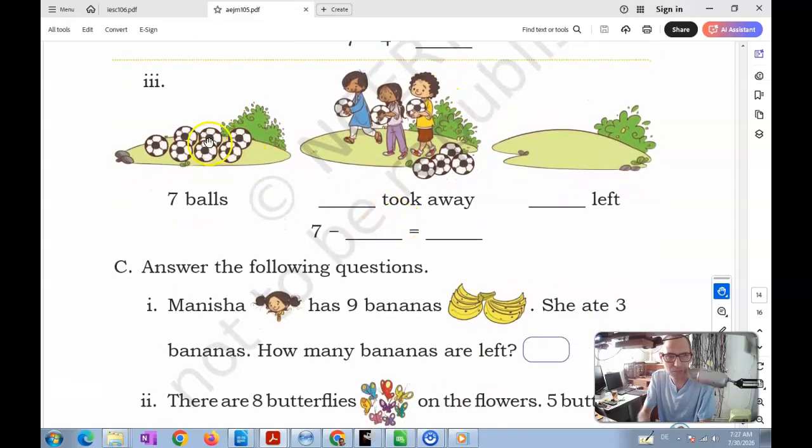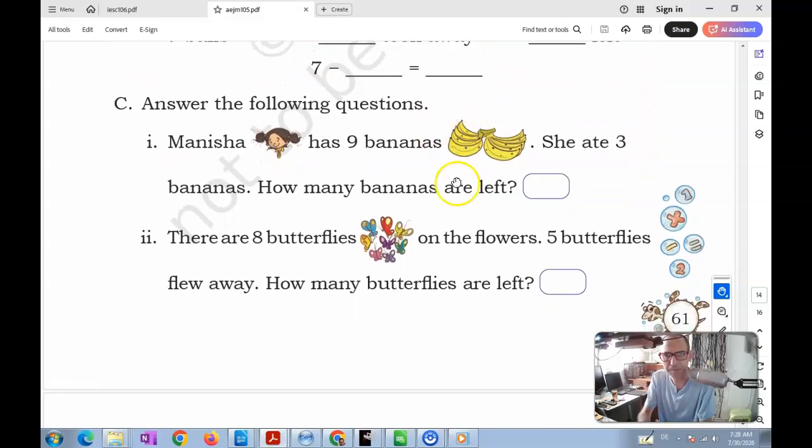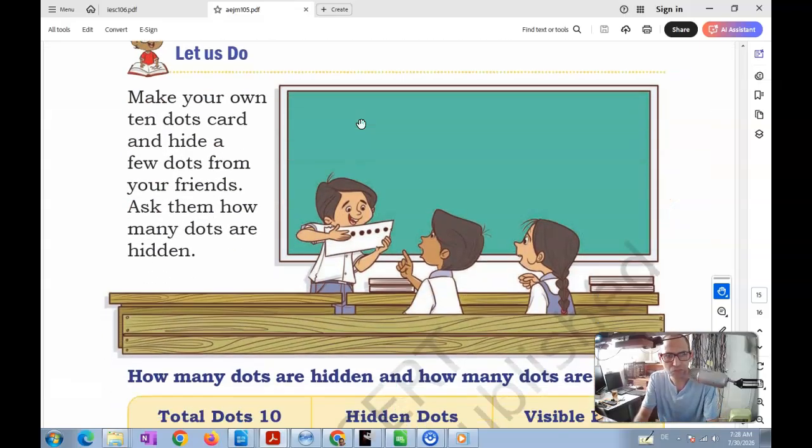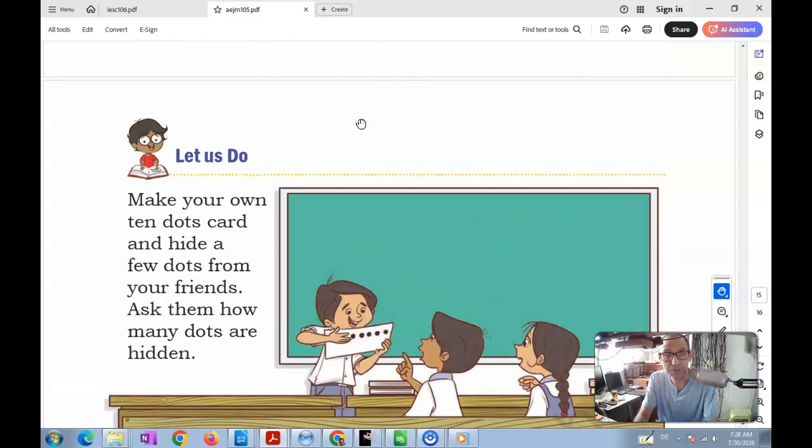You have 7 balls over here, and then you take away 3 of them, you're left with 4 of them. So 7 minus 3 is equal to 4, for example, right? And then essentially the same kind of thing, meaning that we have these questions over here.